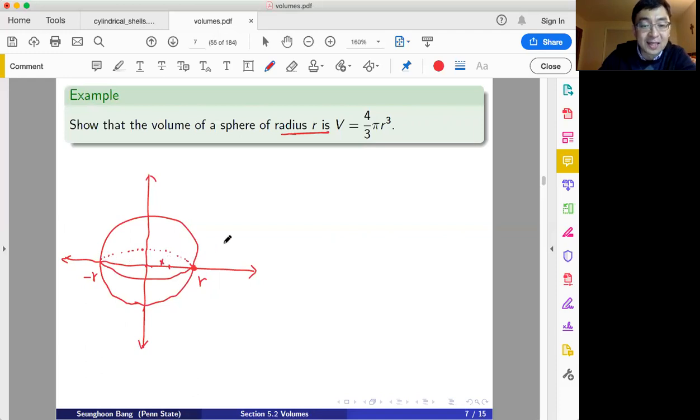Next, you have to cut this solid using one plane. This plane is perpendicular to the x-axis and passes through x. You have to cut. So what happens? We have a cross section.